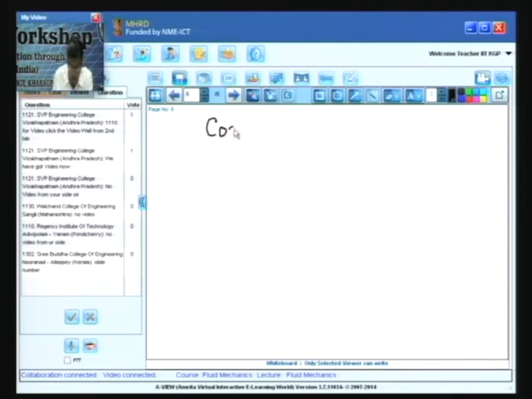Is it coming? Continuum. Is it coming or is it becoming slow? Sorry, please wait whether it is coming. And this is the problem actually.